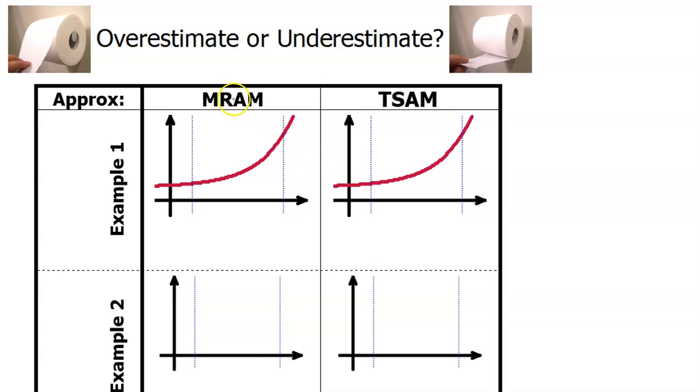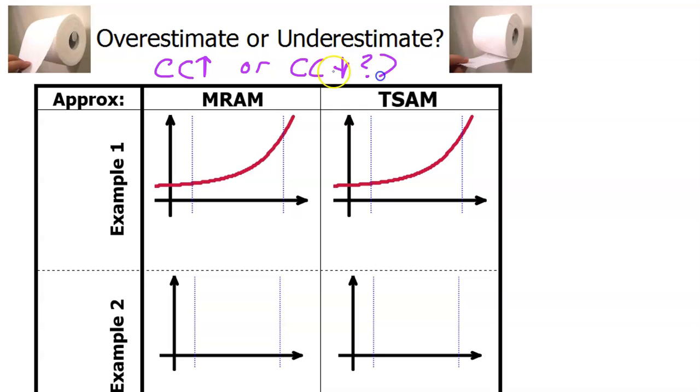Now I've grouped MRAM and TSAM together because these, instead of depending on whether the curve is increasing or decreasing, it's all about concavity. All right, what matters is whether the function is concave up or concave down.